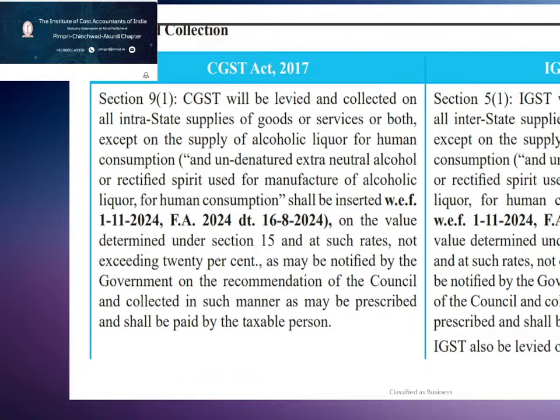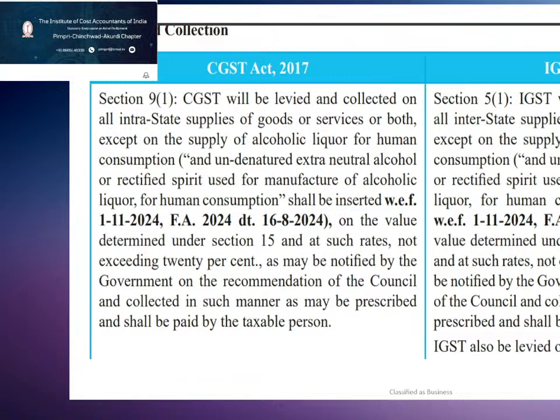Still we have only 2 additional services. Those are services supplied by a person who is located in non-taxable territory to any person other than a non-taxable online recipient. So any person who is located in the non-taxable territory, in that case, who is liable to pay the GST?